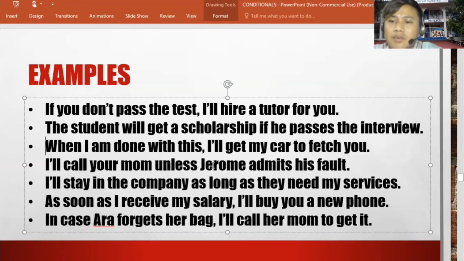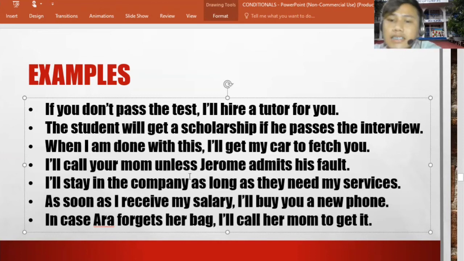Obviously, Jerome admits his fault is already our if clause or our condition. The mere fact that he admits his fault is already the condition, and the result is that they will call her or his mom. His, rather, because Jerome is a boy.